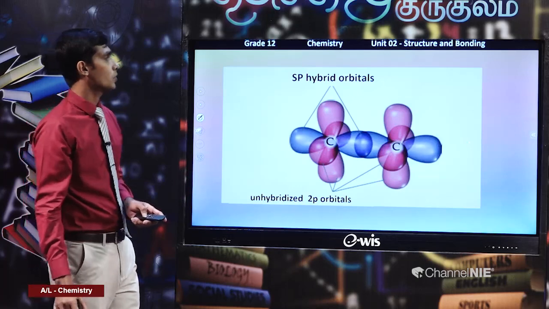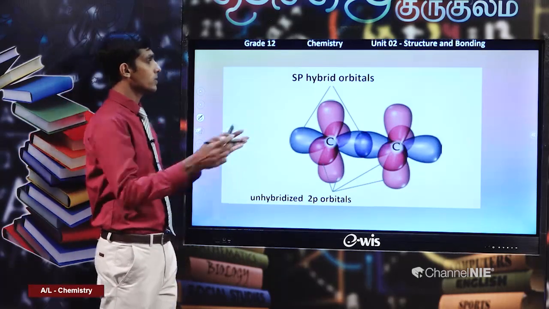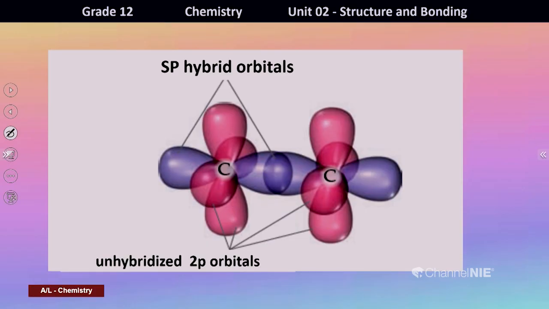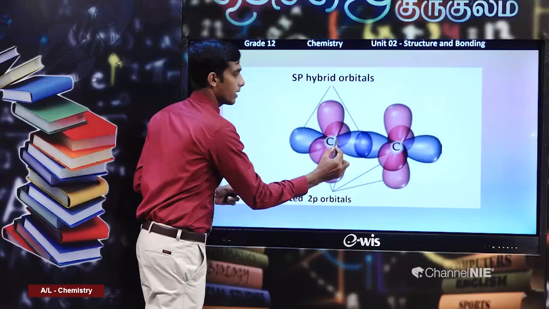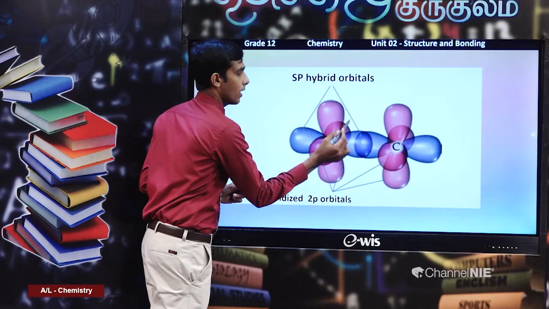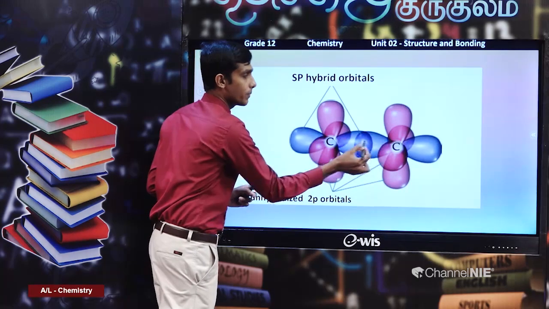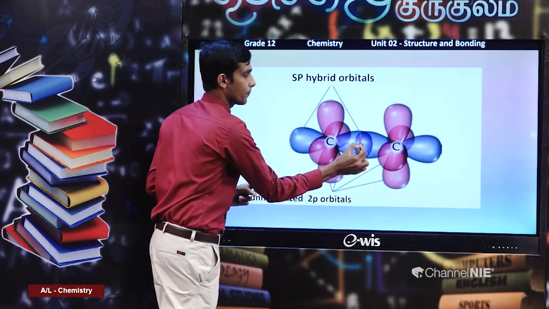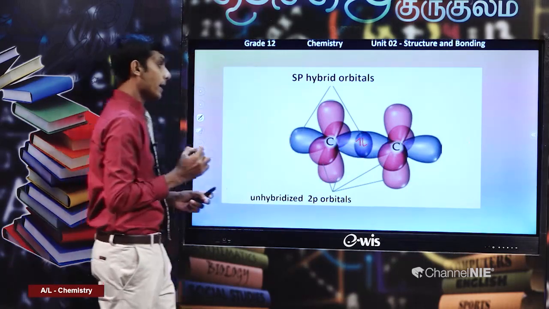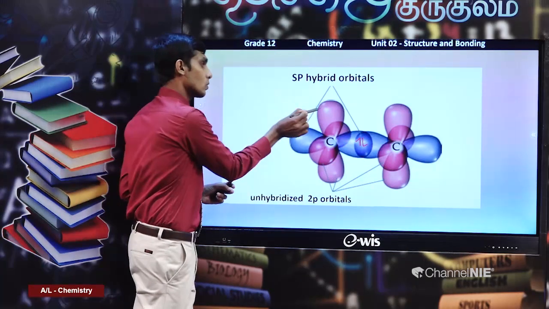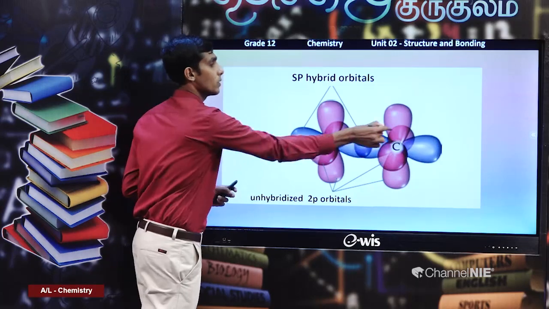Now, in the formation of a molecule like C2H2, one carbon atom's sp orbital overlaps linearly with an sp orbital of the second carbon atom to form a sigma bond, and the two p orbitals are perpendicular to each other.